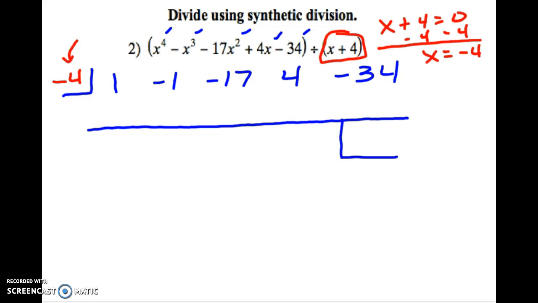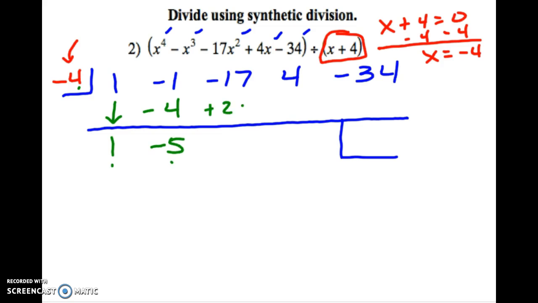Once again, running through the procedure. First number automatically drops down. And the numbers on the bottom get multiplied by the number in the box. So the 1 times -4 will give us -4. -1 plus -4 will be -5.